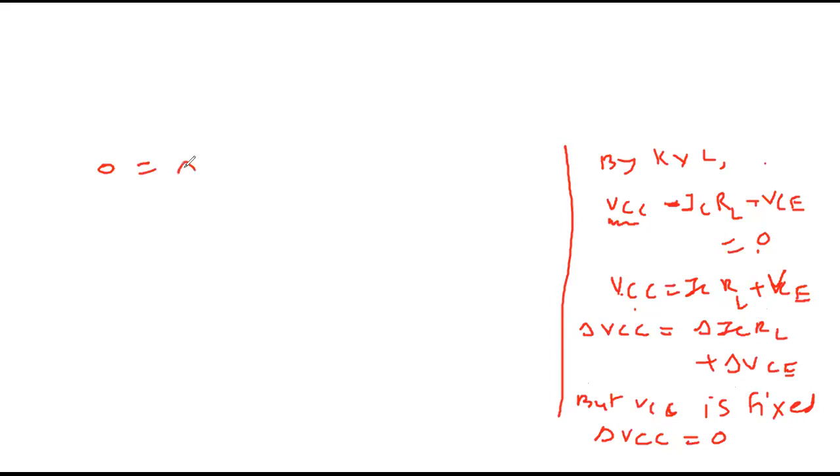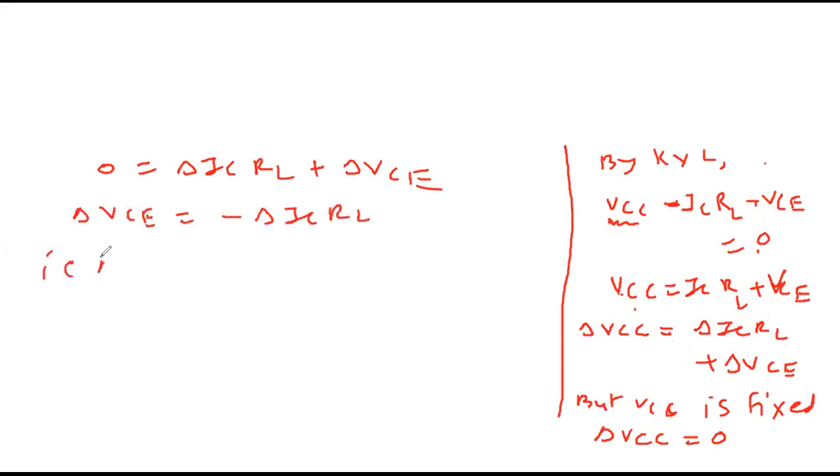So 0 equals delta ICRL plus delta VCE. Change in battery voltage is change in ICRL plus change in VCE, but the battery is fixed, so its change will be 0. Clear? So can I say delta VCE, the output voltage, is minus of delta ICRL?